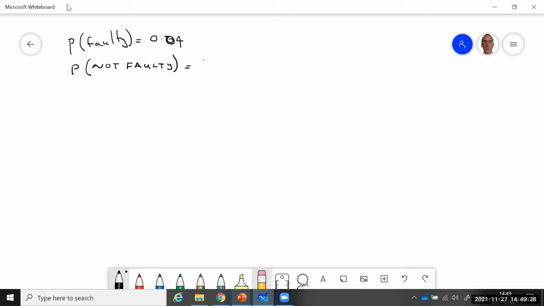So the probability of it not being faulty is 1 minus the probability of it being faulty, 1 minus 0.04, and that equals 0.96.